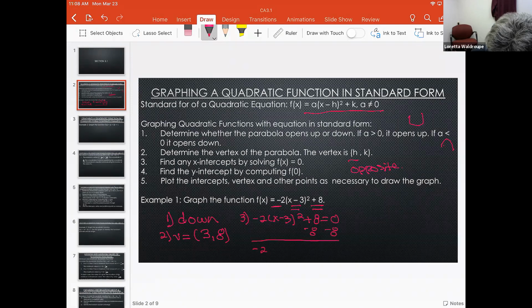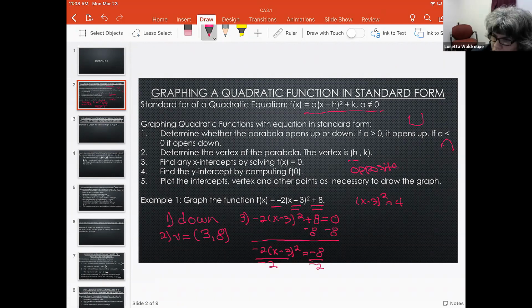So now I have the -2 times your parentheses squared equals -8. Is everybody with me? Divide by that -2 to get that equal to 4.